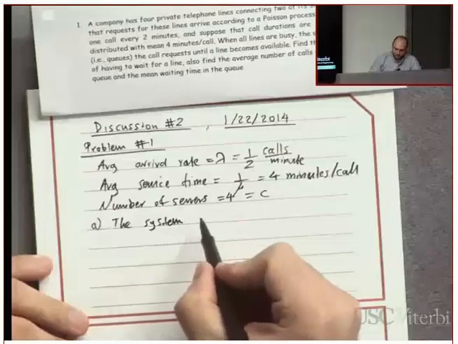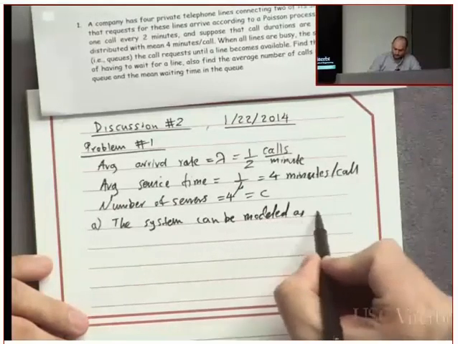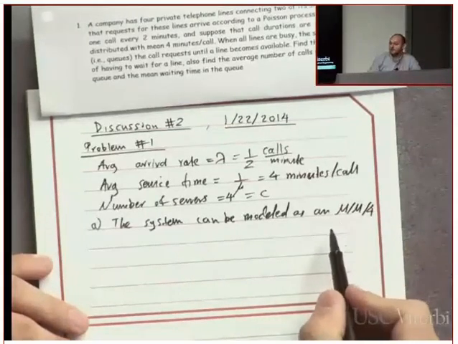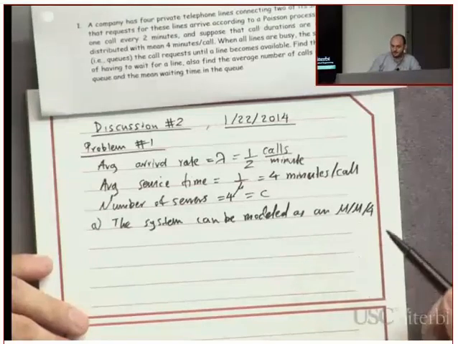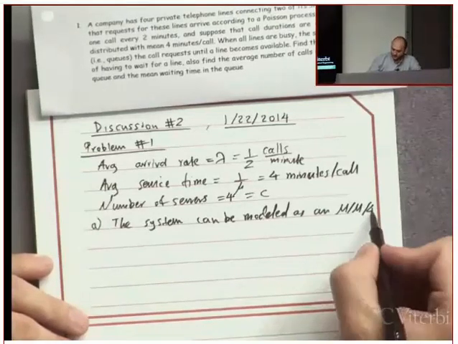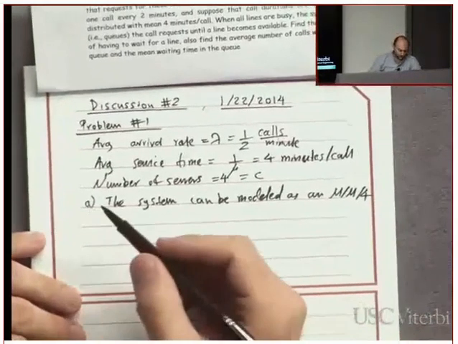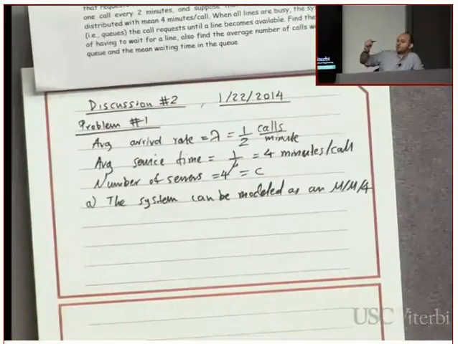The system can be modeled as an MM4. What is the first M here? It represents Poisson arrivals, right? The second M is exponential service times. The third number, which we represent in the general case as C or as M, represents the number of servers in the system. Okay, perfect. So now we can use the results posted on DEN in a presentation, an introduction overview of queuing theory.